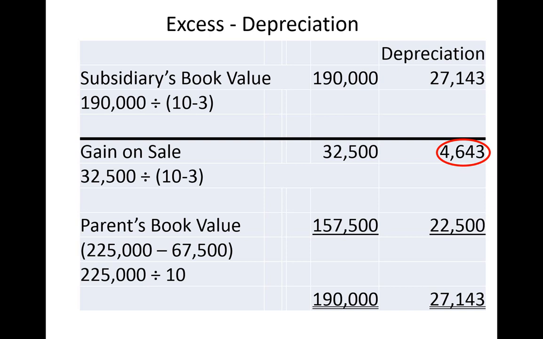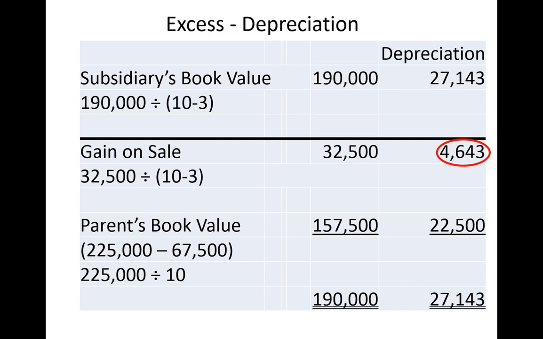So if we think through this, in the subsidiary's net income that's flowing over to the parent, there's $27,143 in depreciation. Okay? How much depreciation should be taken? $22,500. Okay? So what has happened is the subsidiary's net income that is flowing through is understated by $4,643.